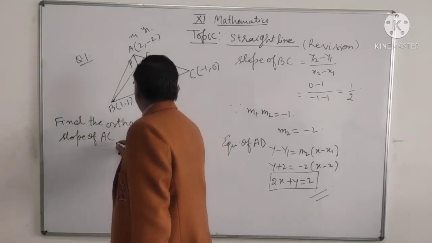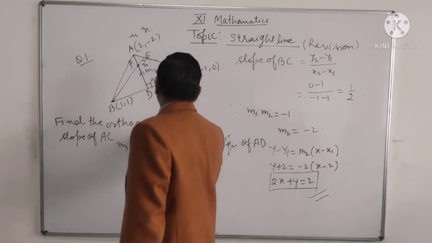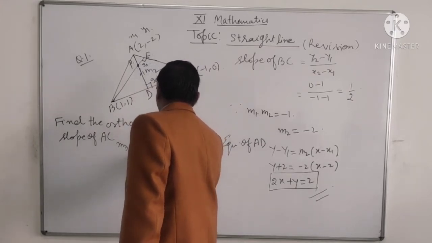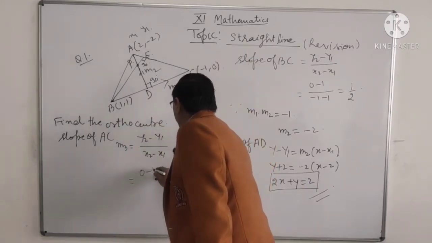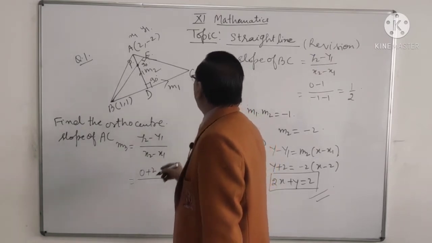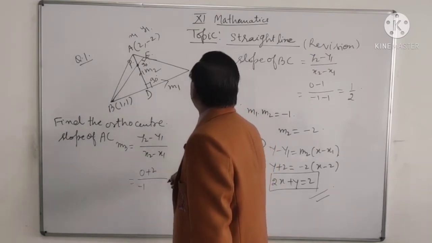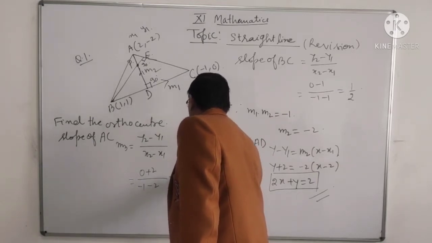So slope of AC is m3. Again formula y2 minus y1 upon x2 minus x1. It is 0 minus 2 upon -1 minus 2, or it is -2/3.